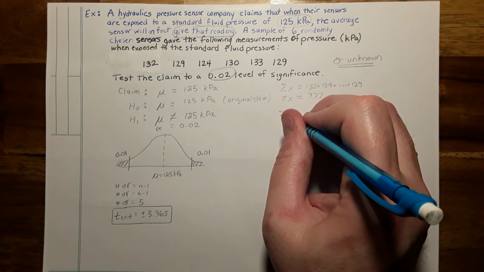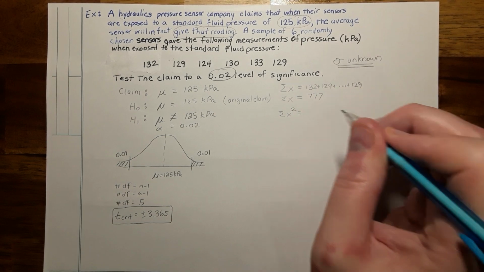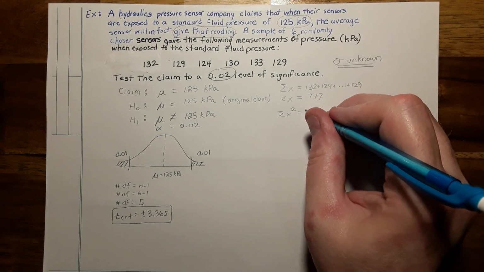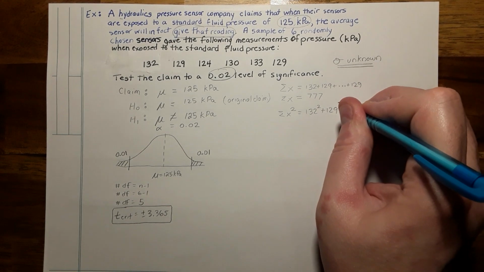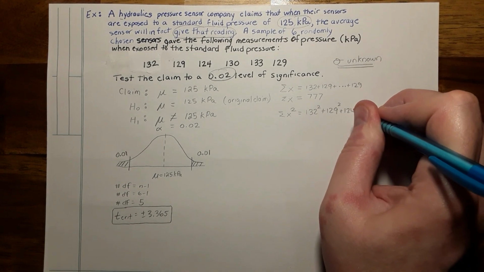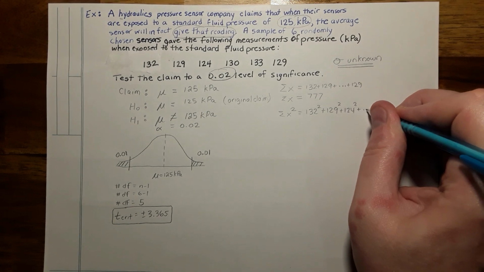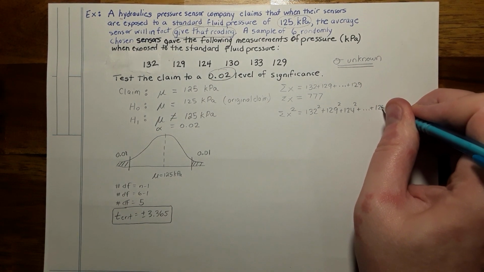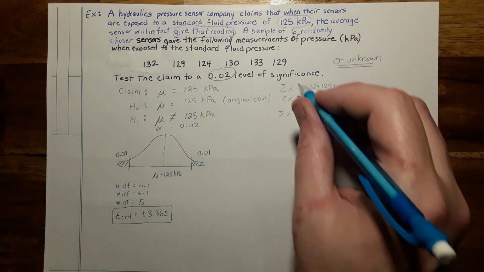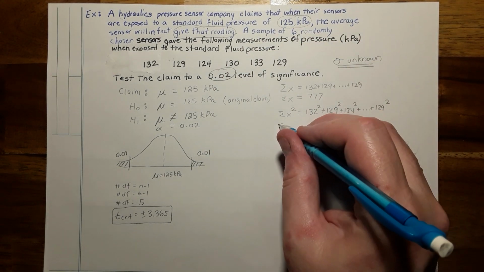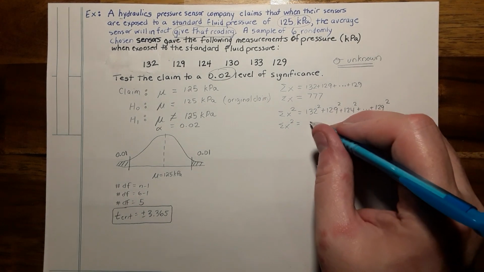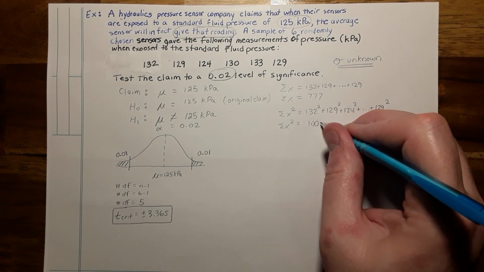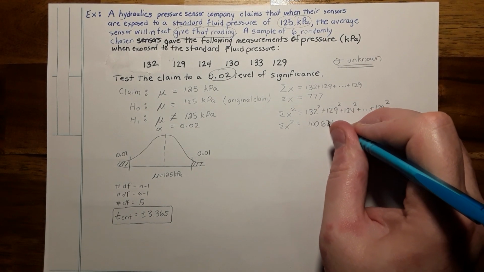We're also going to need the sum of the squares of these values: 132 squared plus 129 squared plus 124 squared until you hit, again, 129 squared. Adding up the squares of all those given values gives us 100,671.